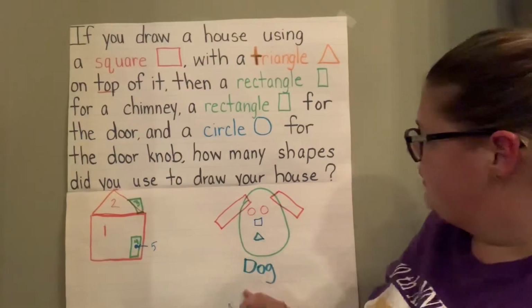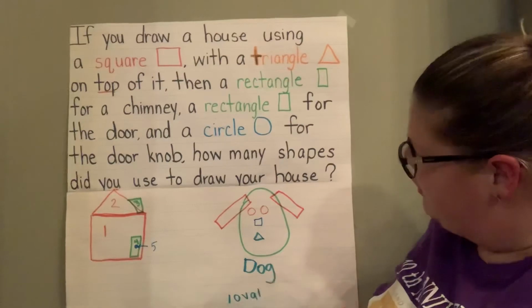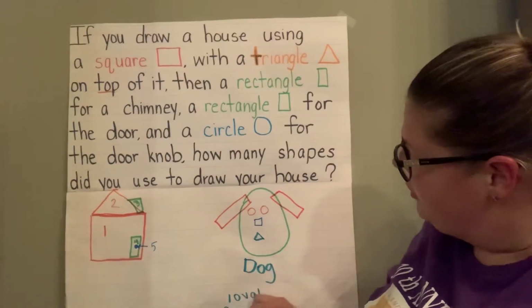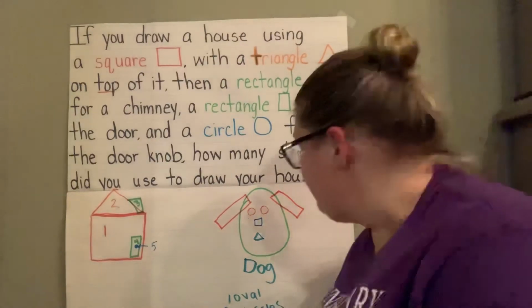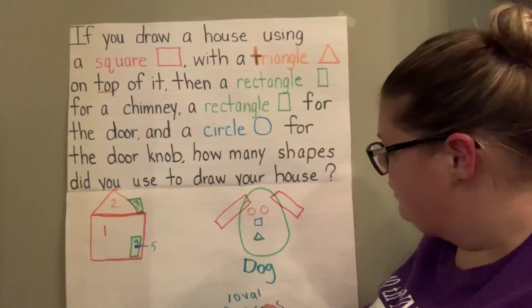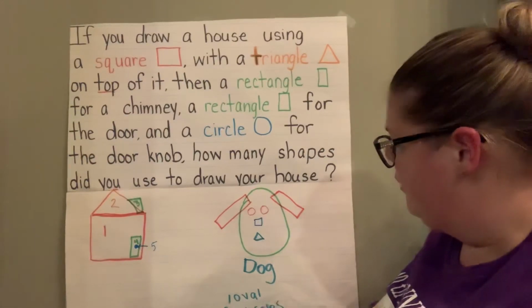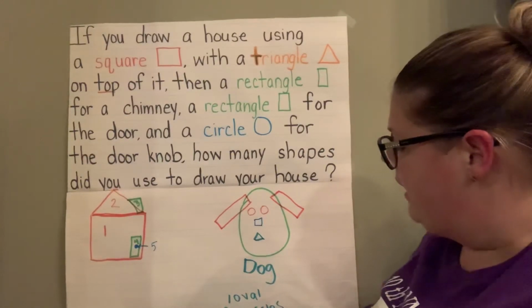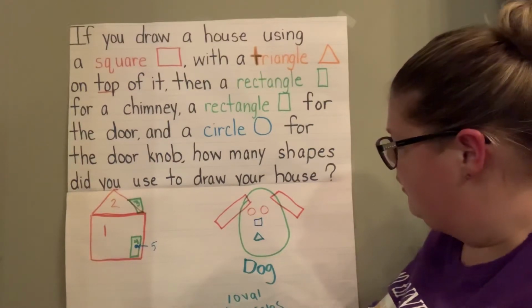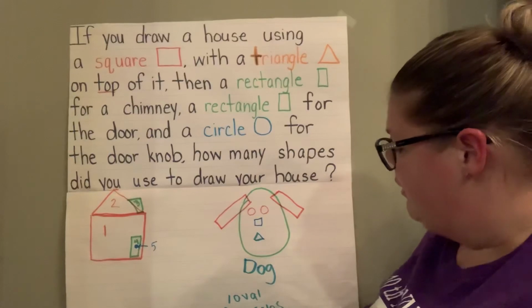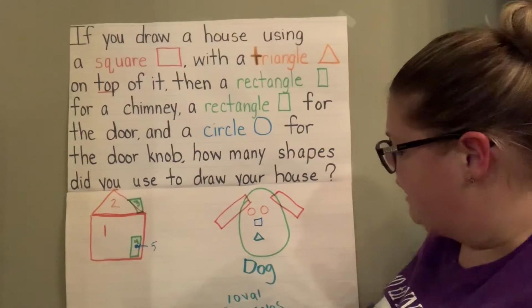And we used 1 oval, 2 circles, 1 square, 1 triangle, and 2 rectangles.